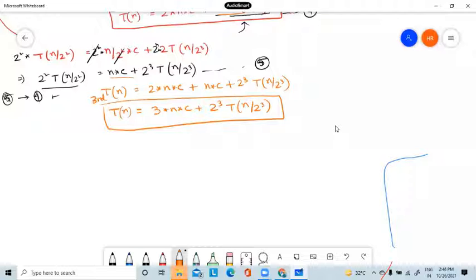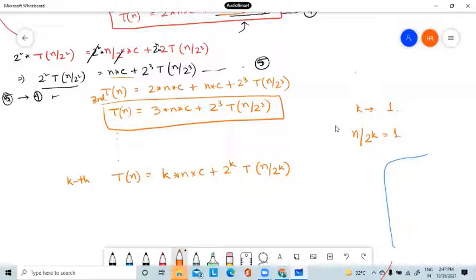So if I move forward, and we hope that it will stop at the kth iteration or kth partition, then the equation becomes like this: k·n·c + 2^k·t(n/2^k). And we already know after k partitionings, our array becomes a single element. Correct? It means n/2^k becomes 1. So n becomes 2^k.